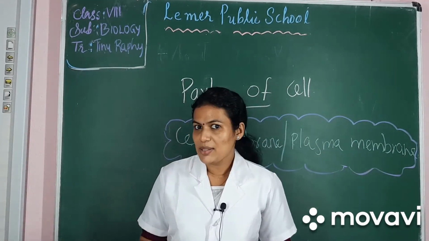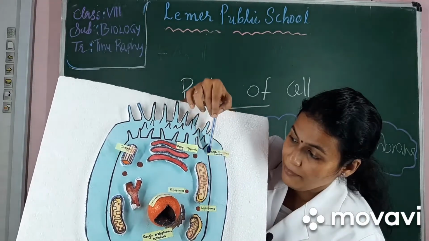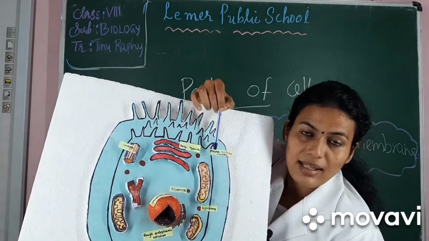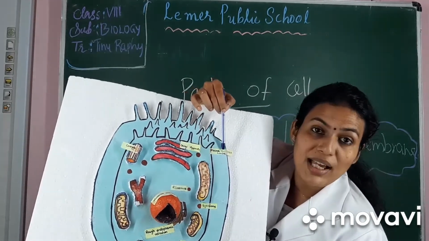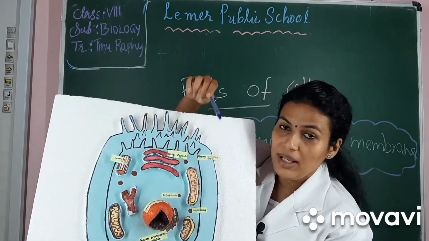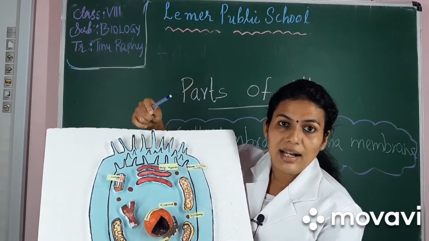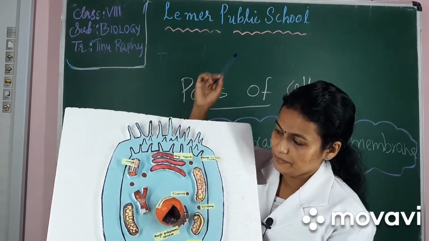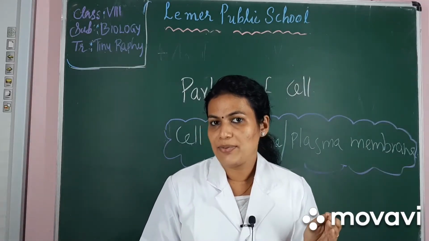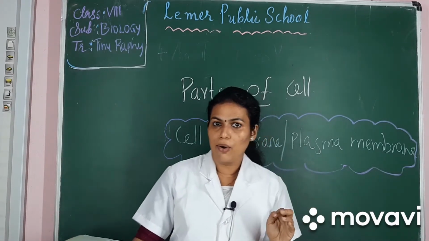So let's see the plasma membrane in an animal cell. Here you can see a black line, and this line represents the plasma membrane of an animal cell. This plasma membrane is the outer covering which covers the cell content and cytoplasm. And in plant cell, there is a difference from animal cell, that is, plant cell has a separate cell wall.